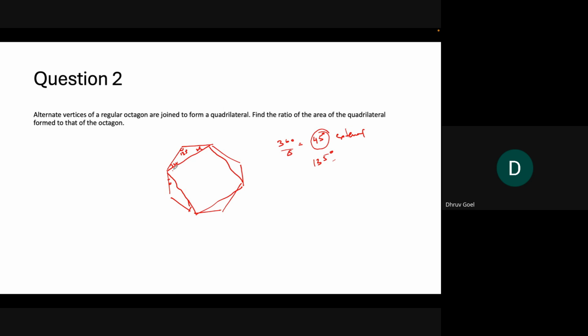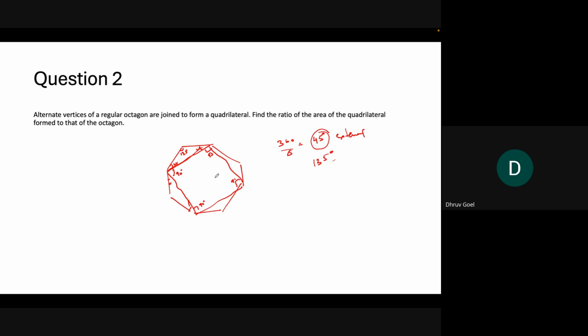Considering this is a complete 135, this angle becomes 90 degrees. Again, 90 degrees, 90 degrees, 90 degrees. That means we are talking about either a square or a rectangle. But now if you see, there's a symmetry. All sides are equal. That means I'm talking about a square. Bingo. My work is done.